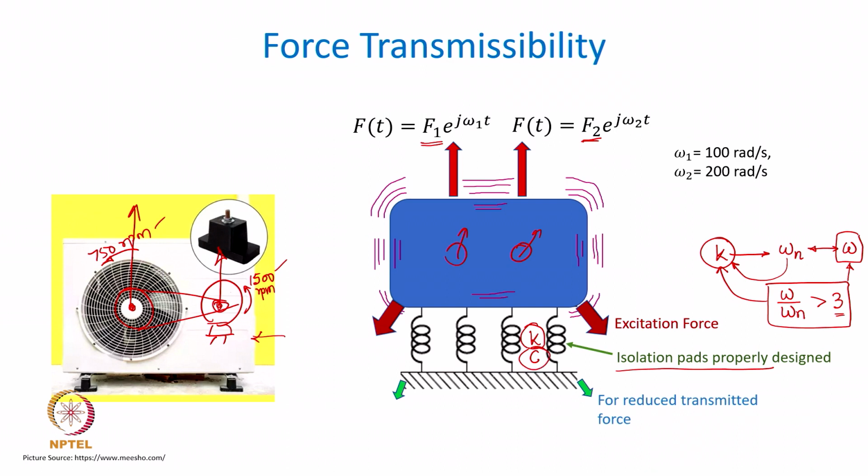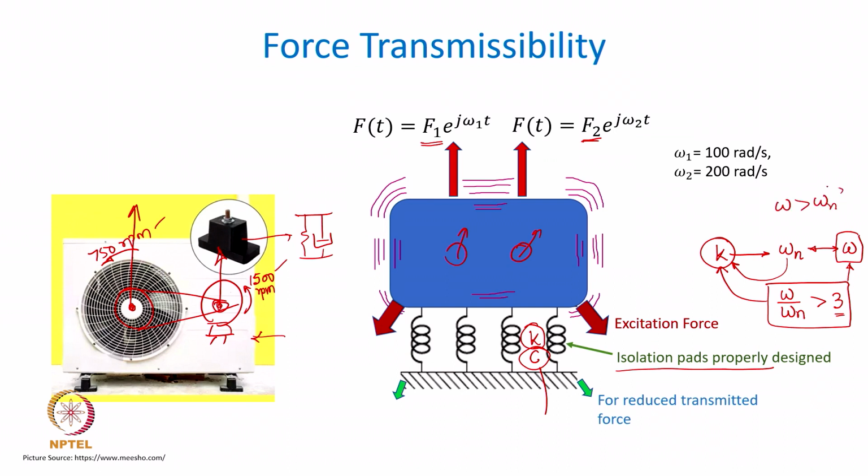what value of c, because a mount like this is nothing but a combination of a spring and a dashpot. Okay. It has a certain damping character and it has some compliance or stiffness character. Now, the damping should be such that it is as low as possible, provided your operating speed is more than omega n.